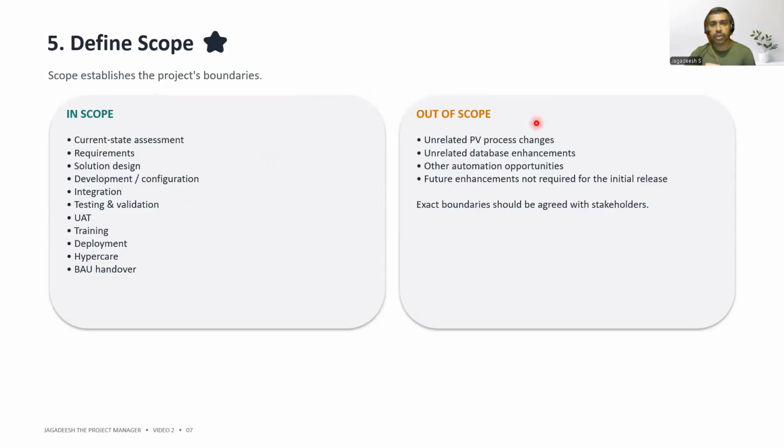Out of scope: unrelated PV process changes, unrelated database enhancements, other automation opportunities, and further enhancements not required for the initial release. Exact boundaries should be agreed with the stakeholders. This becomes the foundation for the later planning and change control.